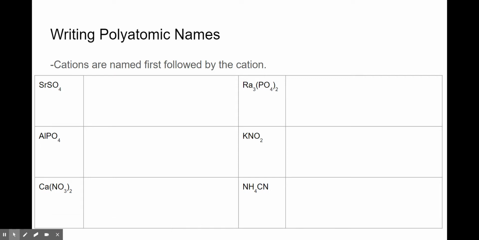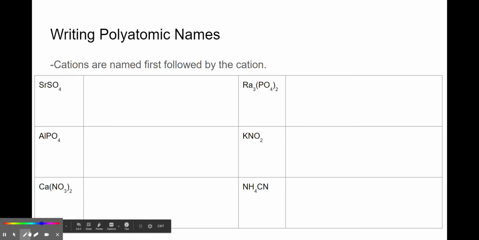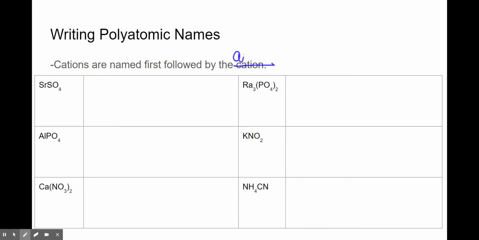Finally, we're going to go from the formula to the name. So for these, you can look on your periodic table. Remember, cations are named first, followed by anions.